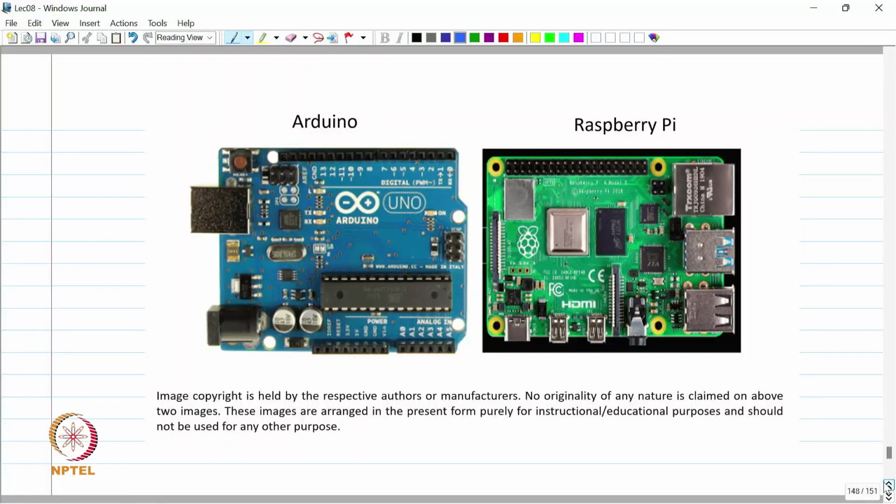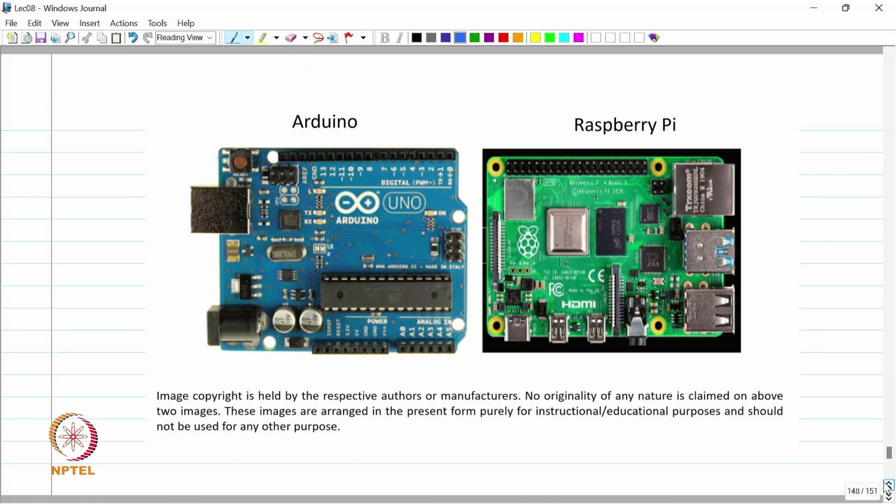So these are shown here. These are the images of Arduino and Raspberry Pi. Arduino is on the left, this blue colored PCB, which has certain ICs placed inside, and it is built by the Arduino team. Raspberry Pi is on the right side, where we have a strong microprocessor built in, and it can do multiple kinds of applications together.